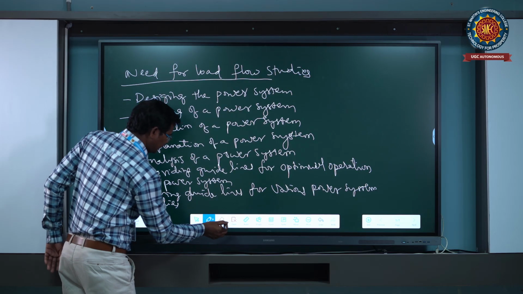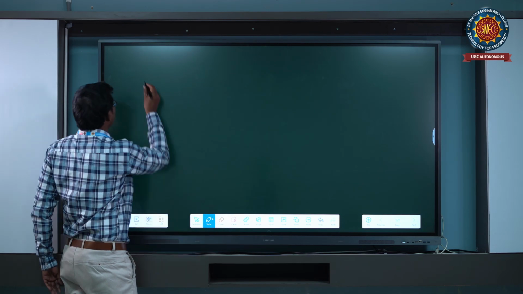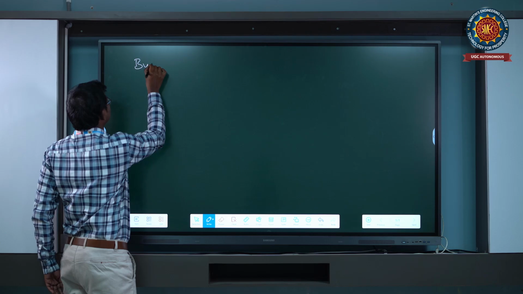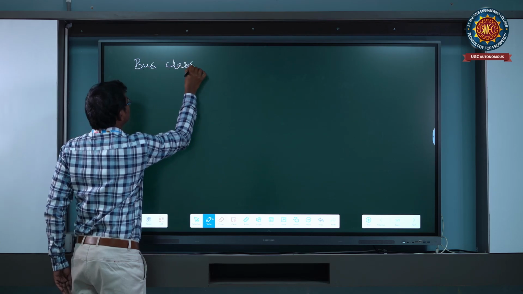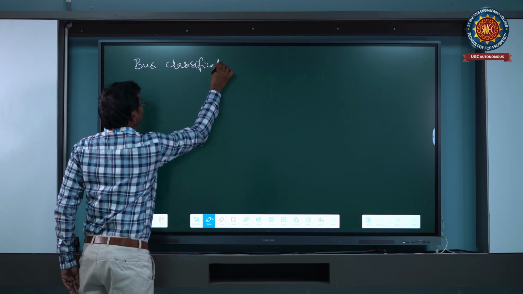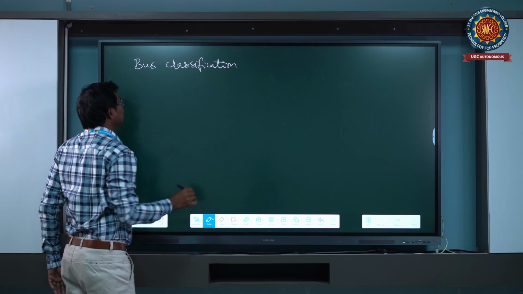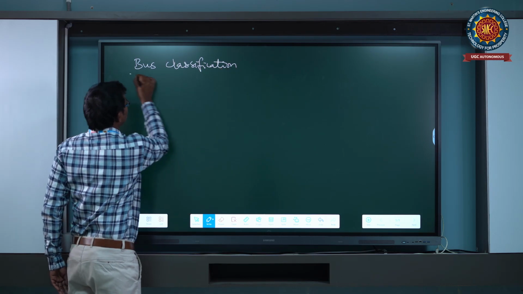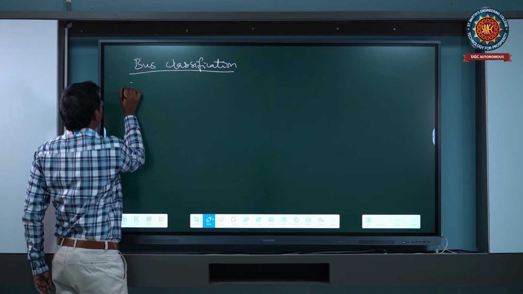And coming to the bus classification. First point is a bus is a node.